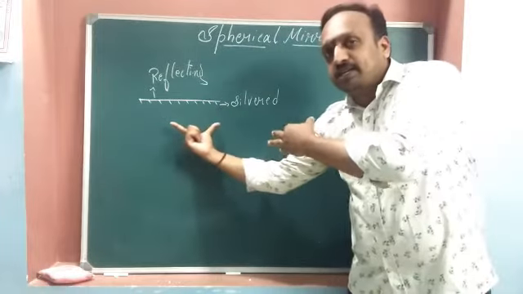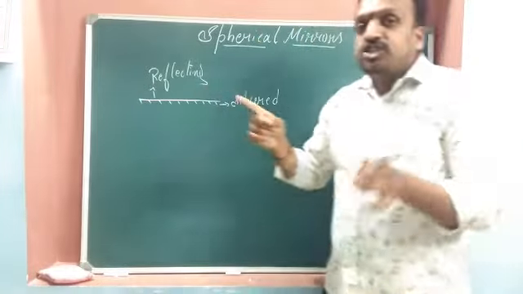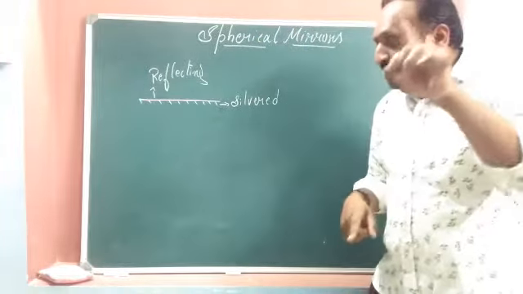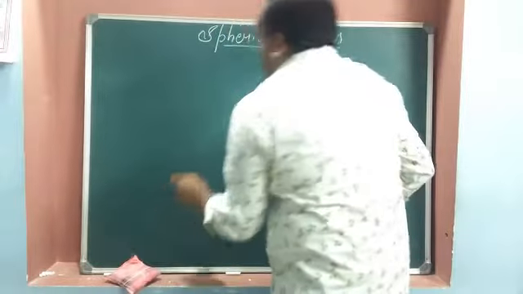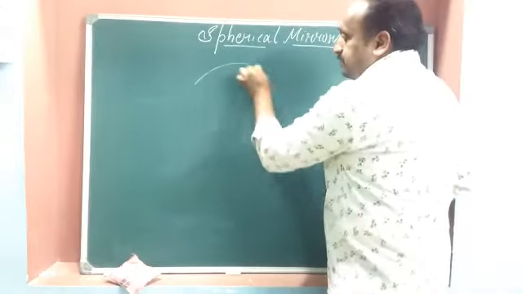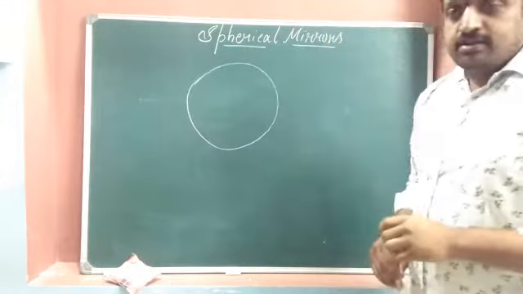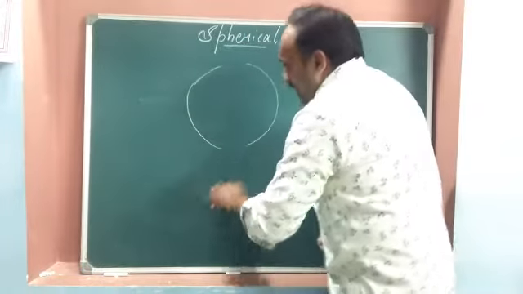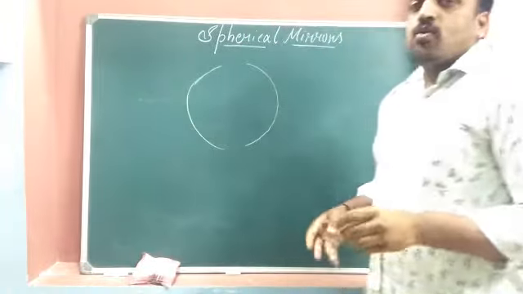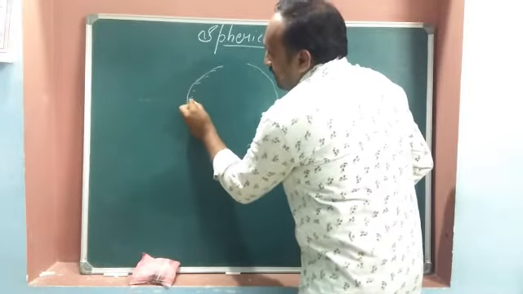If I say a spherical mirror, it should be in the shape of a sphere. So let me draw it. First, let me draw a sphere. Let me break it down like this. One, I will silver inside.